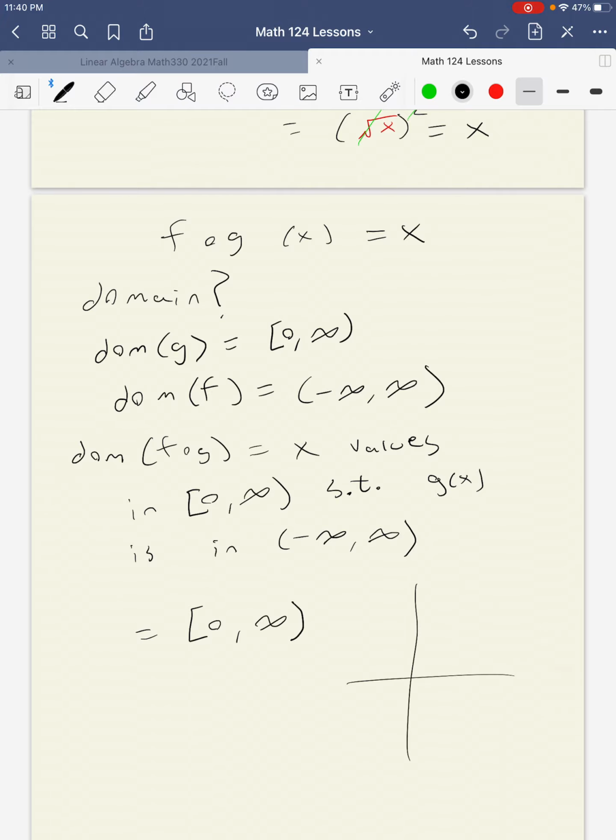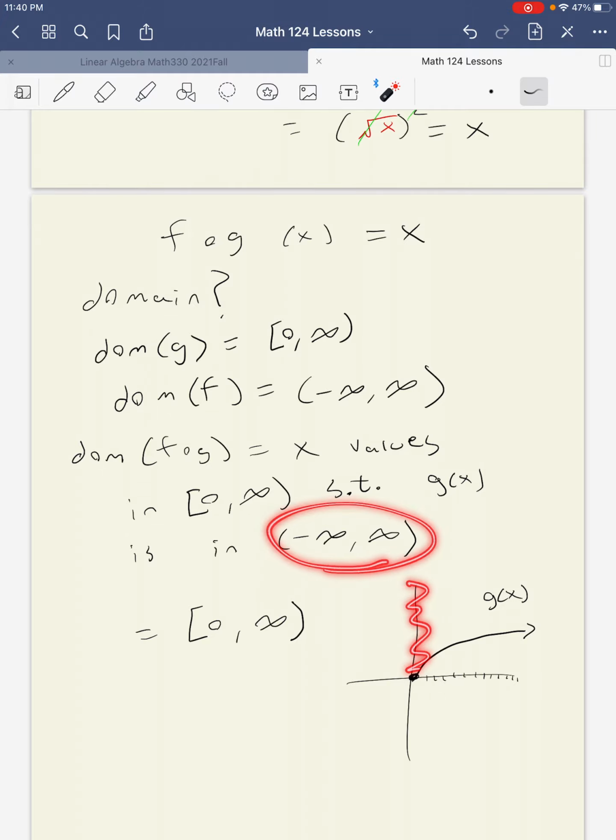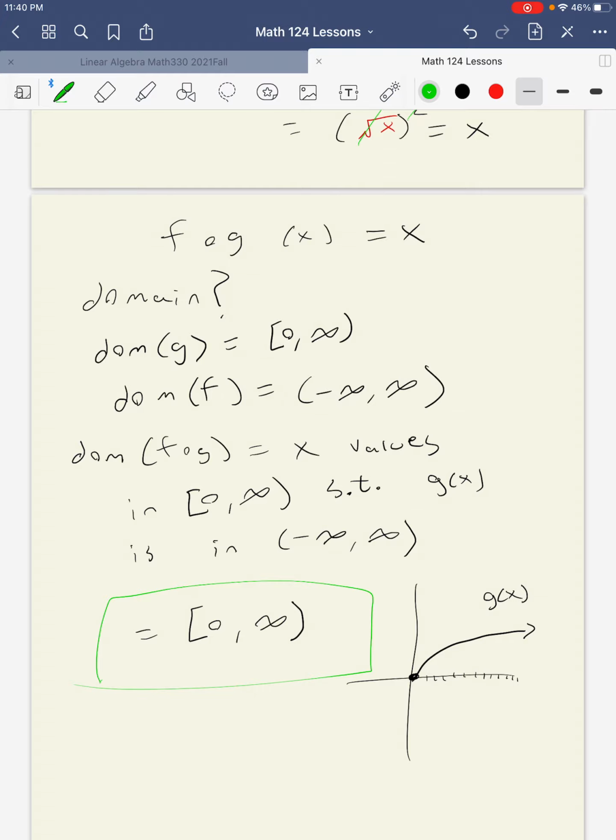Let me draw the graph of the square root of x for you. It looks sort of like this. The graph of g of x. So as you see, we plug in numbers greater than or equal to 0, and it will always spit out numbers here, which happen to be in the domain of f, so that's good to go. And our answer is thus 0 to infinity.